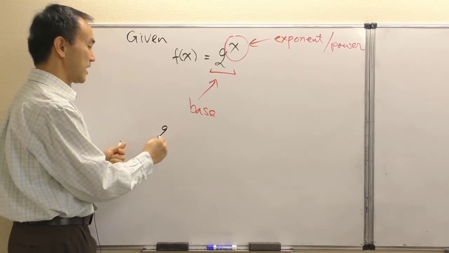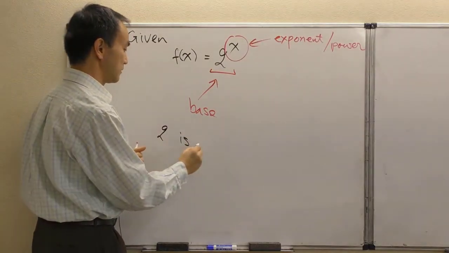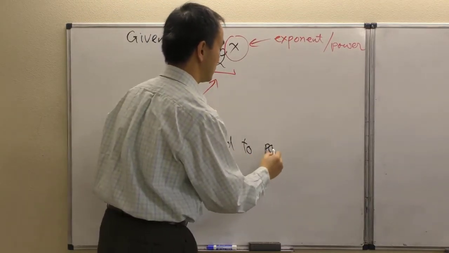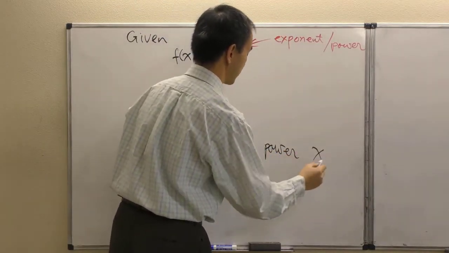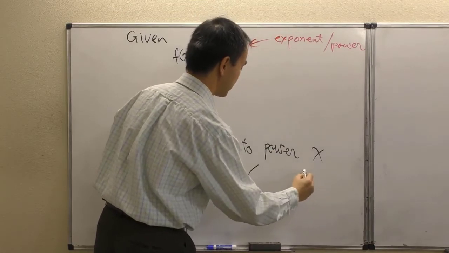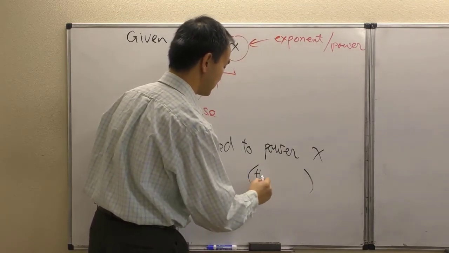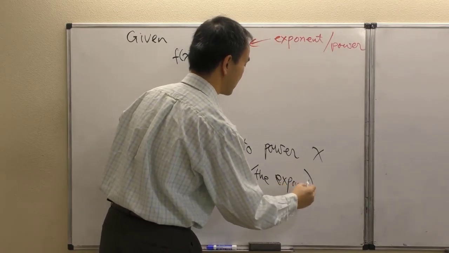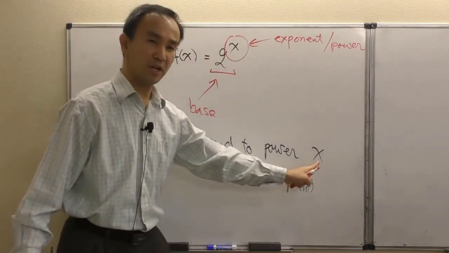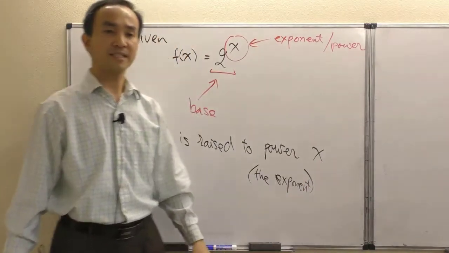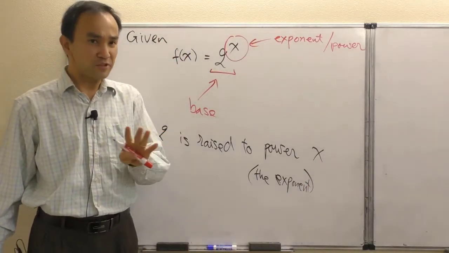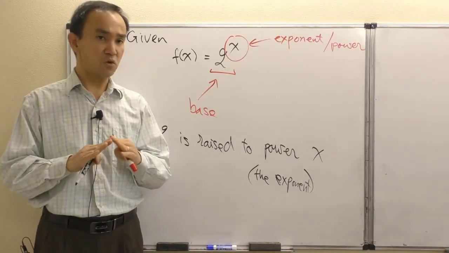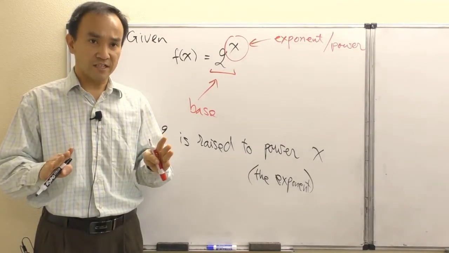We can write it as 2 is raised to the power x, or the exponent x, where x is our input. Now I am just emphasizing that everything we are seeing here is just a rule, and nothing is violating our understanding regarding a function.